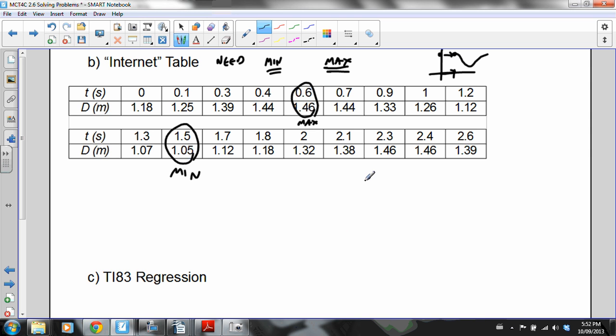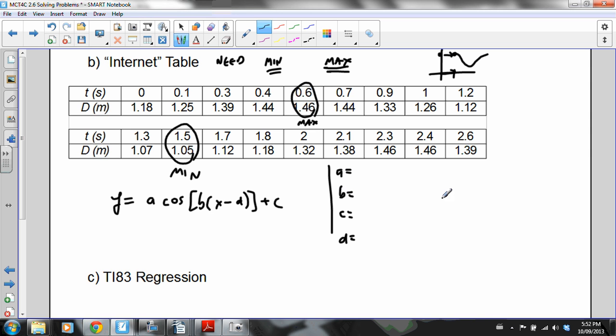We did one like this a little bit earlier, but let's write down. I'm going to use a cos function this time just because of this minimum maximum business. So I got a cos(bx minus d) plus c. a equals, b equals, c equals, d equals. Okay, and then I'm going to draw a little sketch to help me find these. I know some of you don't need to do that, but I do.